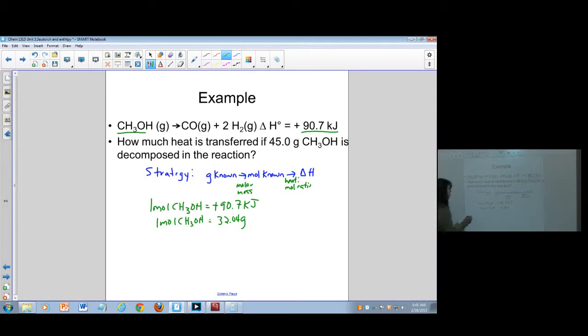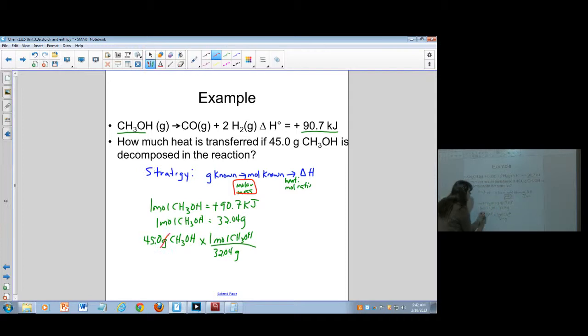All right, so let's do one little bit at a time here. So, for example, we'll start with 45.0 grams of methanol. All right, and then we're going to convert using our molar mass to the moles of our known. So in this case, this will be times 1 mole of methanol for every 32.04 grams.